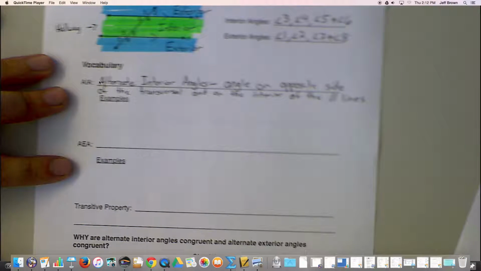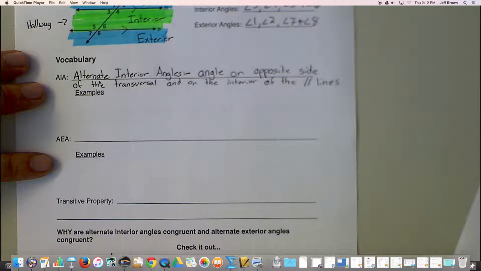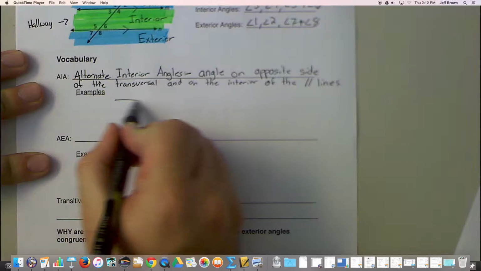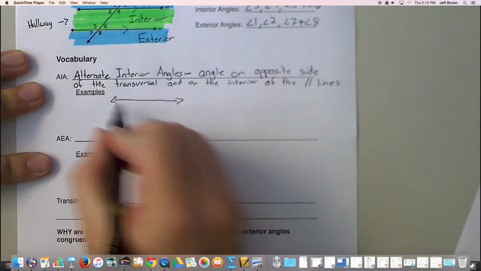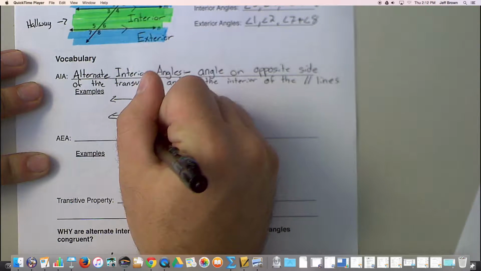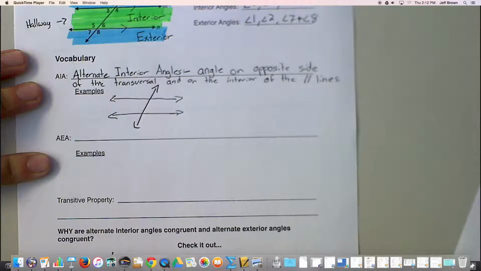I'm sorry that's kind of blurry there. Let me see if I scooch it over if it gets any clearer. A little bit. Alright, so if we have alternate interior angles, let's draw a little picture. I am talking about my case where I have my parallel lines and a transversal cutting through them.